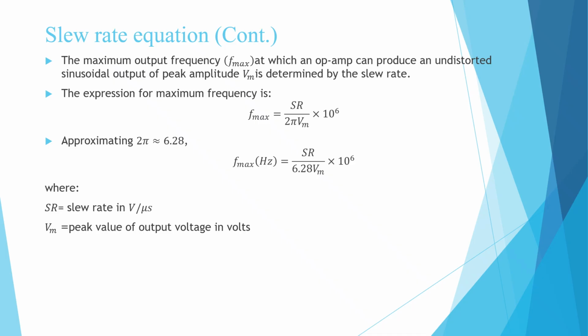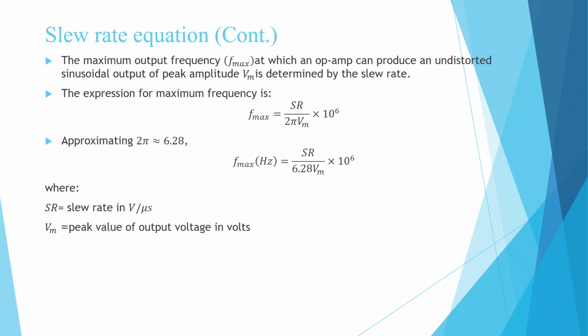Since slew rate is usually specified in volt per microsecond, we multiply by 10 raised to 6 to convert microseconds to seconds. Therefore, F max in hertz equal to slew rate by 6.28 Vm into 10 raised to 6. This equation indicates higher slew rate allows higher operating frequency, while larger output amplitude reduces the maximum usable frequency.